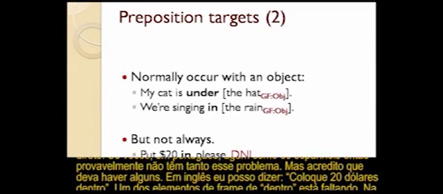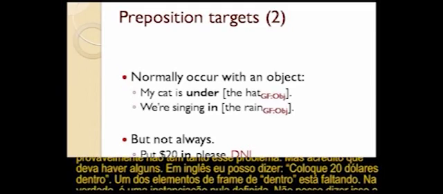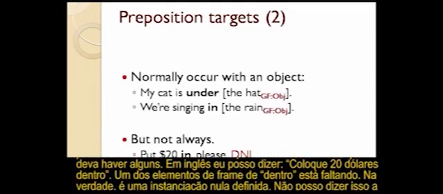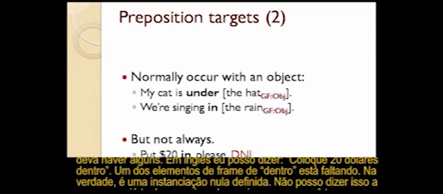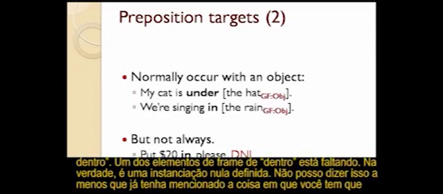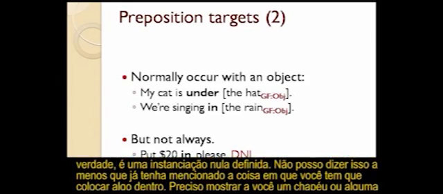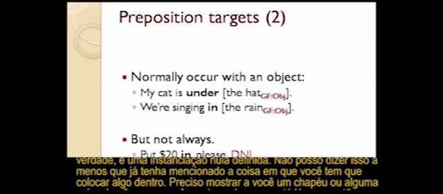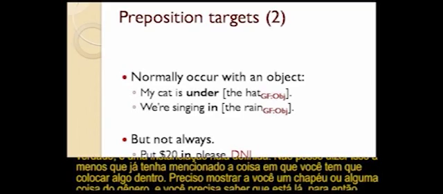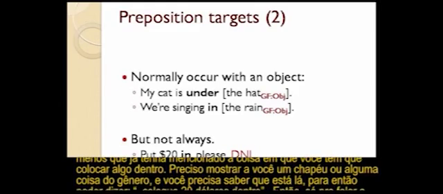So in English, I can say put $20 in, and then one of the frame elements of in is missing. And it's actually definite null instantiation, right? I cannot say that unless I've already mentioned the thing that you're putting it in. So I have to show you a hat or something like that, and you need to know that it's there, and then I can say put $20 in. Okay?